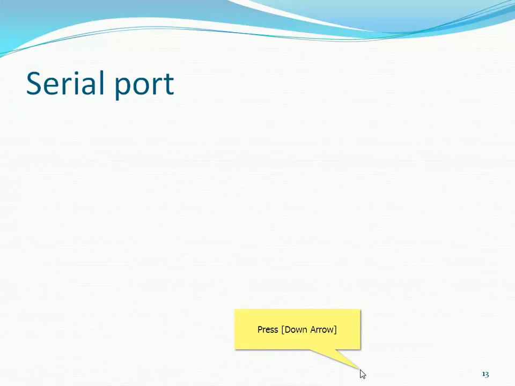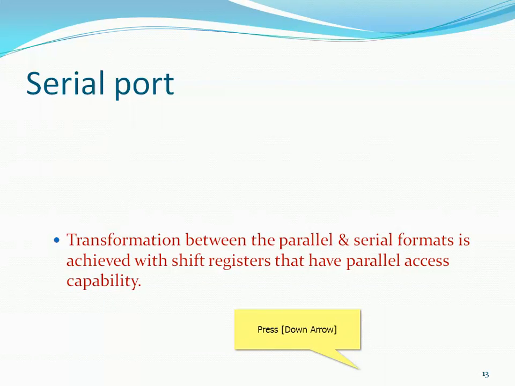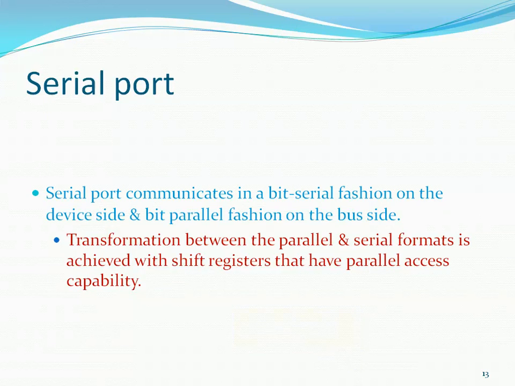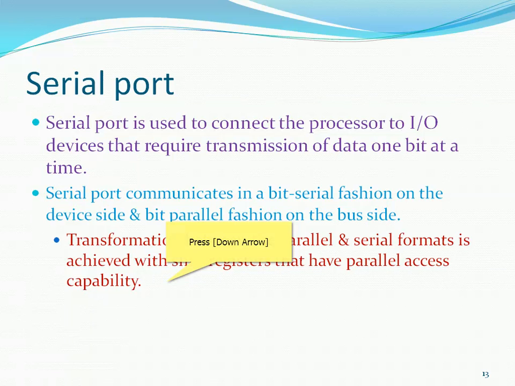After discussing the parallel port, we have an alternative mechanism, that is the serial port, which works bitwise. The serial port is used to connect the processor to an I/O device that requires transmission of data one bit at a time.